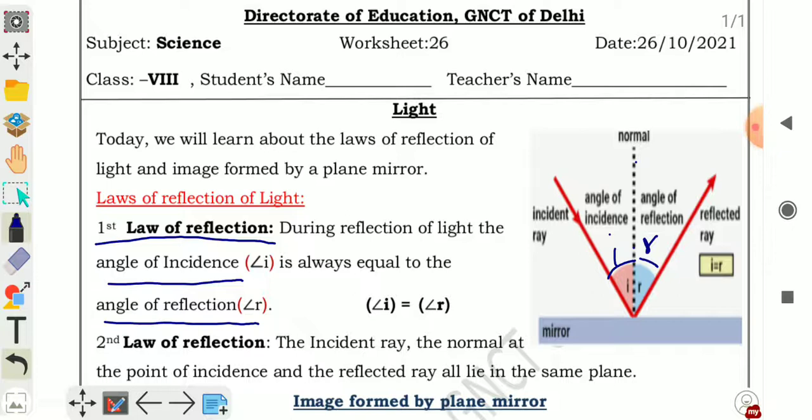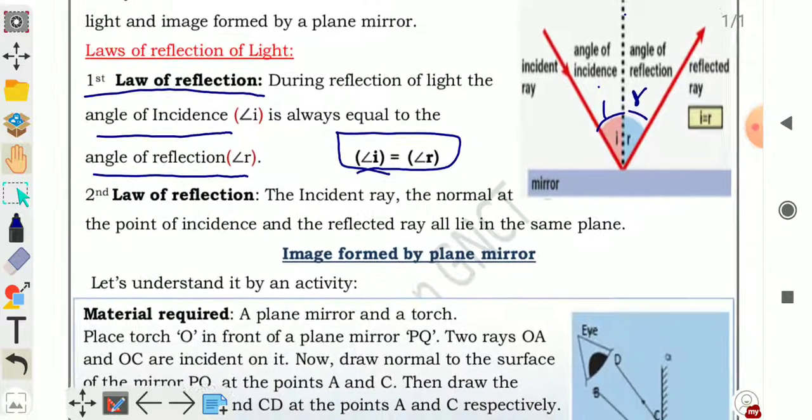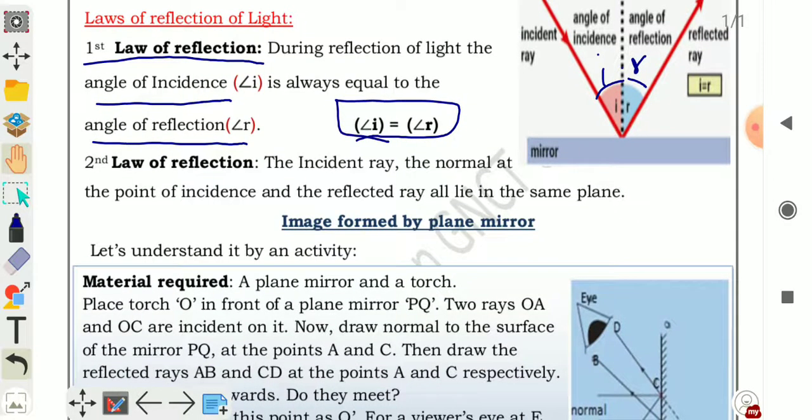So according to the first law of reflection of light, the angle of incidence is always equal to the angle of reflection. Angle I is equal to angle R. According to the second law of reflection, the incident ray, the normal at the point of incidence, and the reflected ray all lie in the same plane.